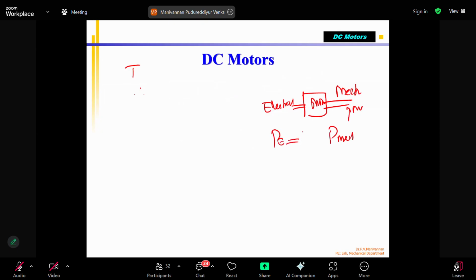If I give electrical power to a motor, it produces mechanical power. So what is the input power given to this motor? Vs into I, correct? Actually, Vs into IA.